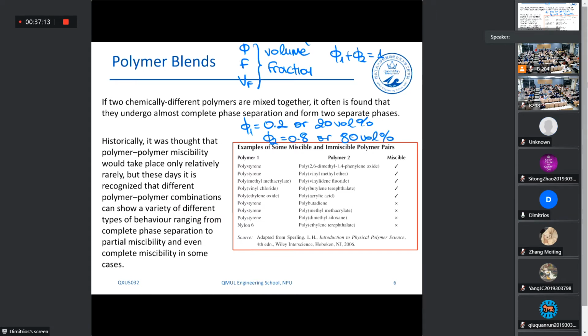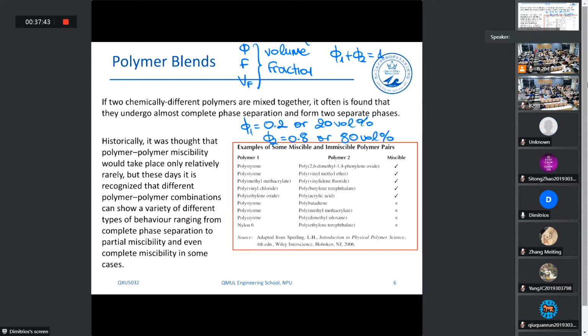Okay, so let's go back to the polymer blends. If we have two chemically different polymers, the most common situation is that they will undergo complete phase separation, okay? And they won't be blended. They will form an immiscible blend, okay? And in the past, people thought it was almost impossible to achieve miscibility between different polymers.